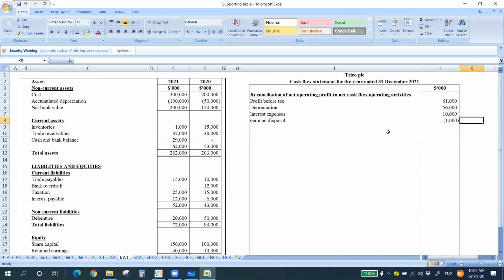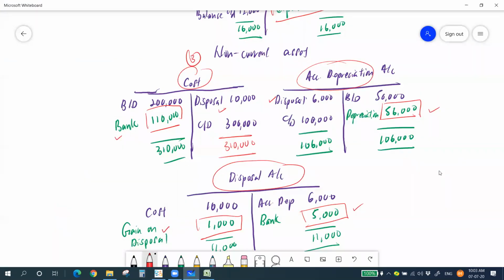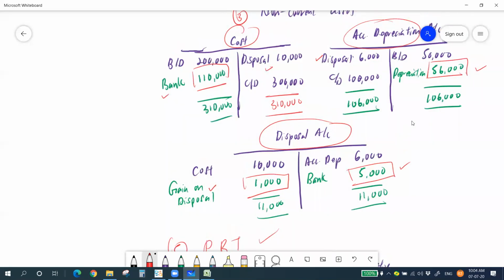So where to get this negative 1,000? From here. Gain on disposal, 1,000. Right? So basically, we have complete the non-cash transaction.